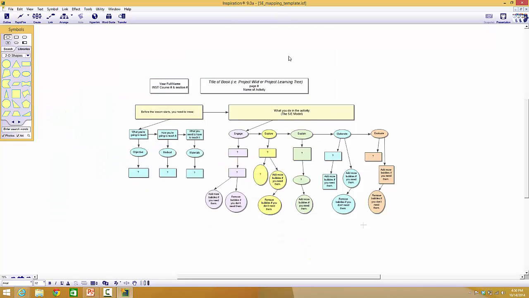Okay, so if you recall, this is your template. You've already done the engage part. You've already filled out this part. You've already filled out this. For Unit 7, you are going to be filling out this explore part. So you're going to be building on to your inspiration map.